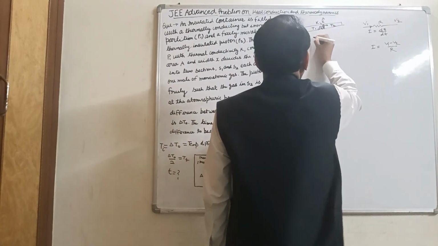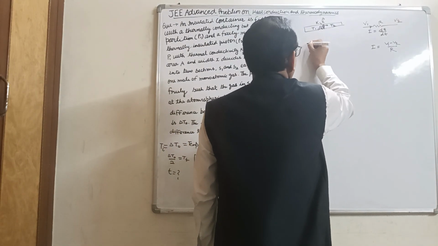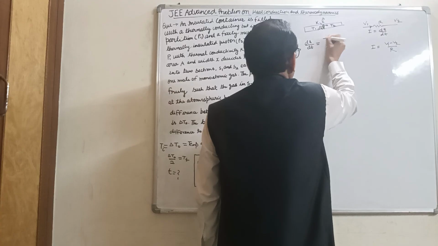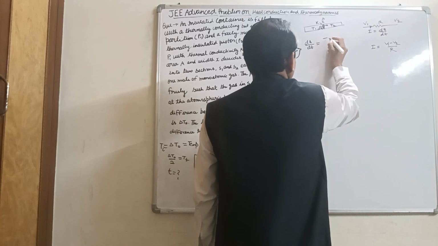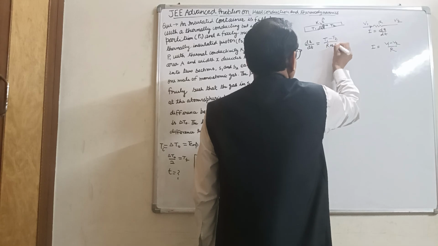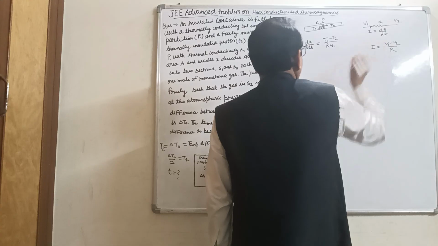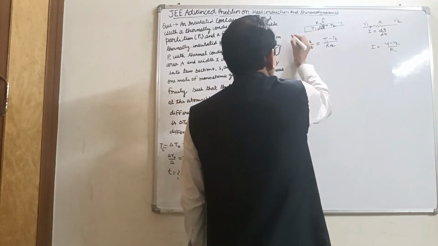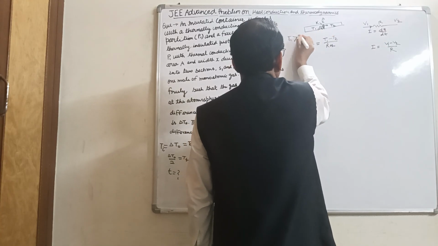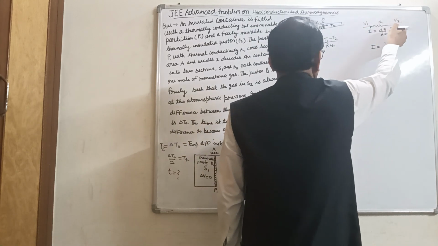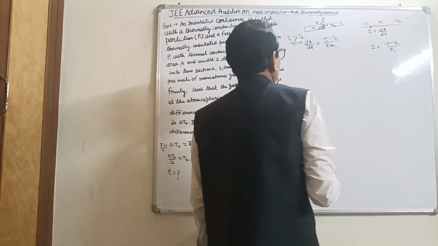So here we write the heat current, that is dQ/dt. The heat current would be the temperature difference upon thermal resistance. So temperature would be treated as a voltage. We know heat flows from high temperature to low temperature, like the current flows from high potential to low potential.